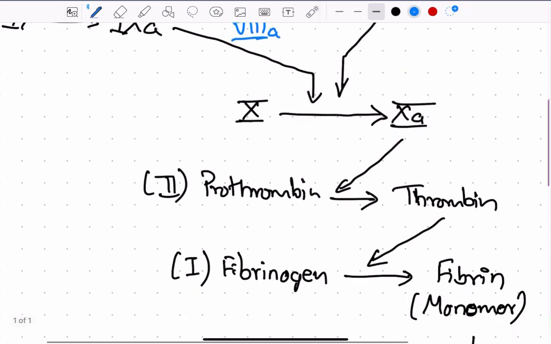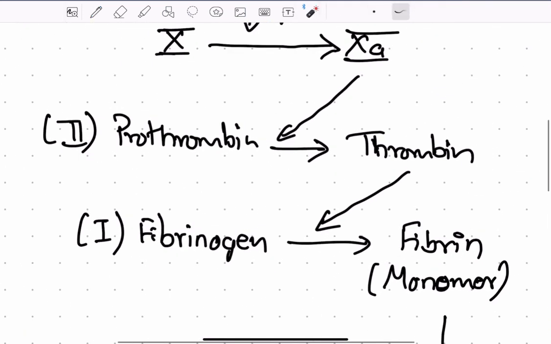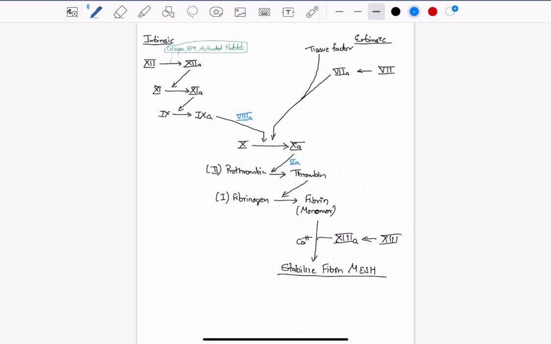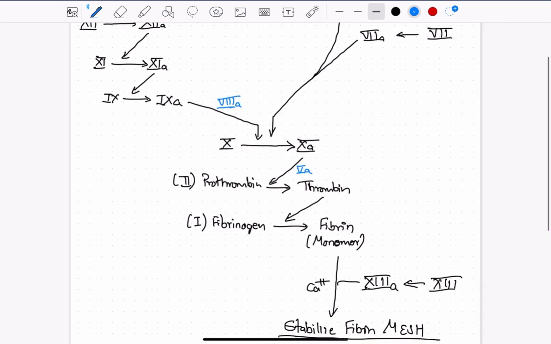And also there is another cofactor which acts on this step, where the factor 10A will activate prothrombin, and that is factor 5. So activated factor 5A. So there are two cofactors on the coagulation cascade, factor 8 and factor 5.